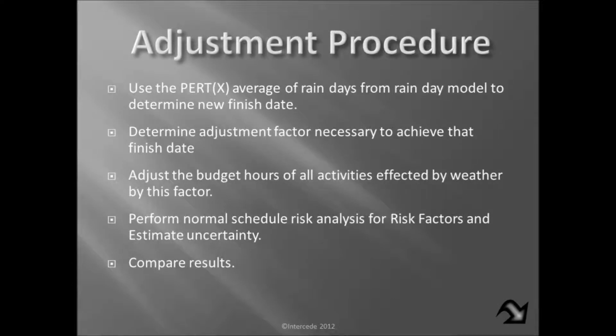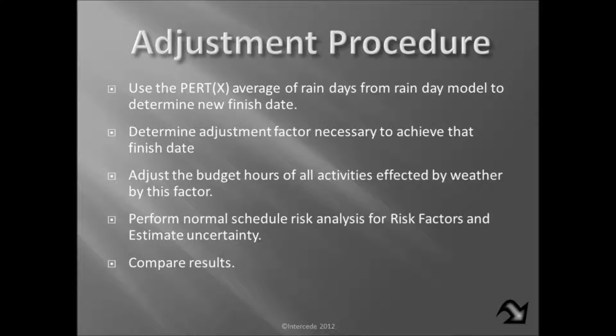Okay, this is the eventual procedure that I adopted for adding an adjustment factor. Again, these are only approximations, but I'm pleased with the output. So anyhow, we're going to use what I'm calling the PERT-X average of rain days for the rain day model, and I'll explain more about this PERT-X average when we get to the Excel spreadsheet.